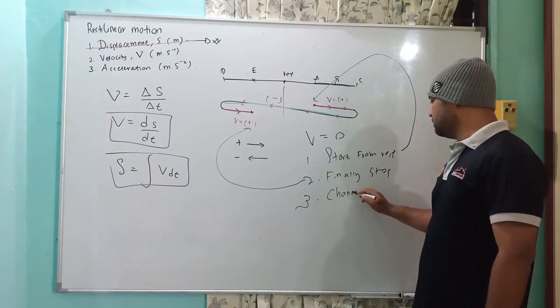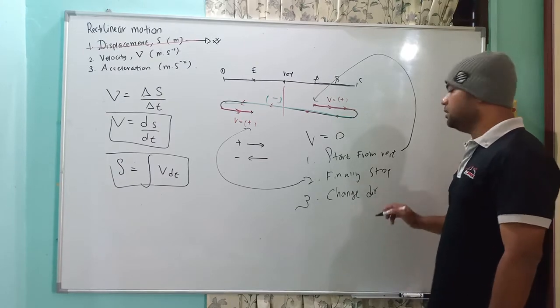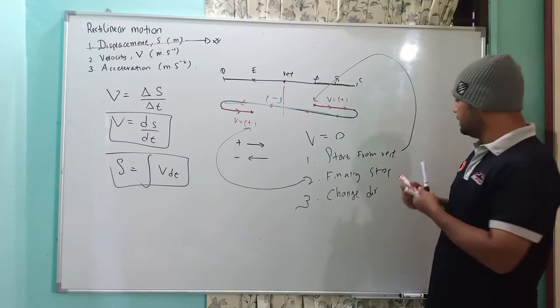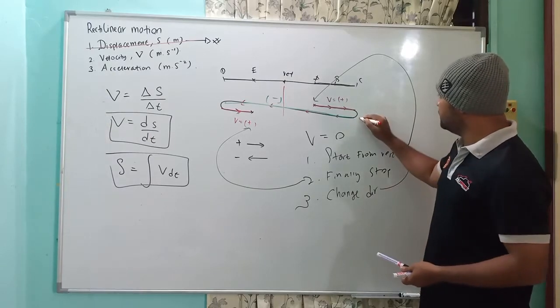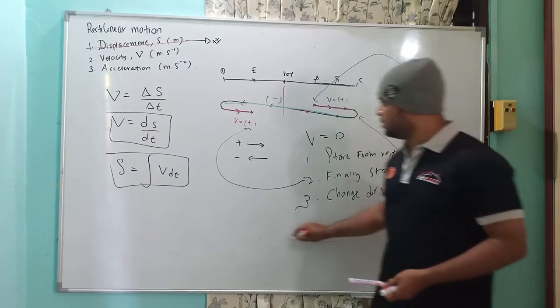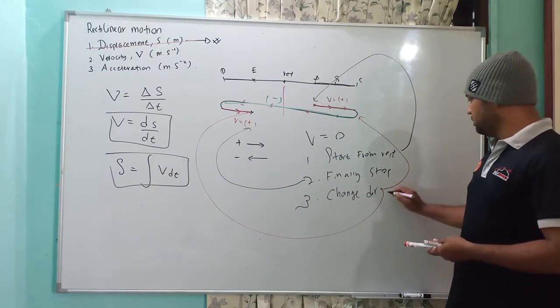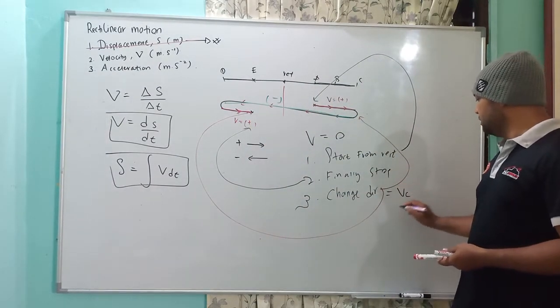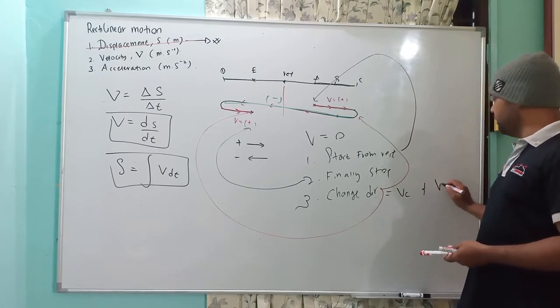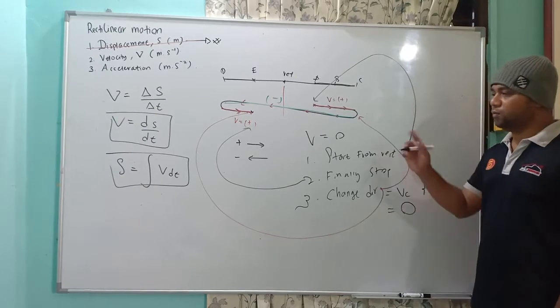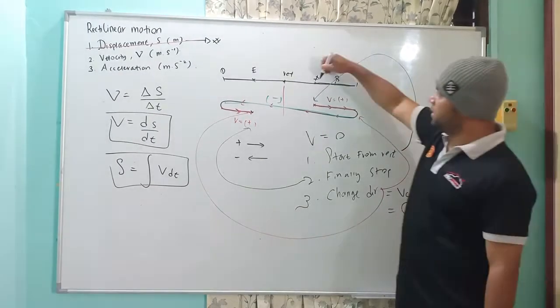And the third one, the one that we will use a lot in our calculation, is change direction. Okay, change direction. We really have to understand this one. At the points where we change direction, we have 2 points, one is here, the other one is this point. So VC and VE equal 0 at these 2 points, because it only moves in a straight line.